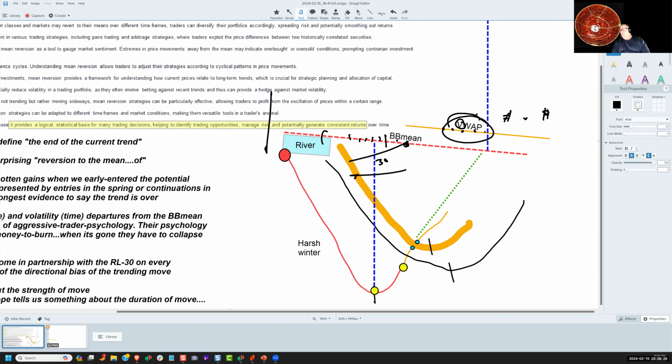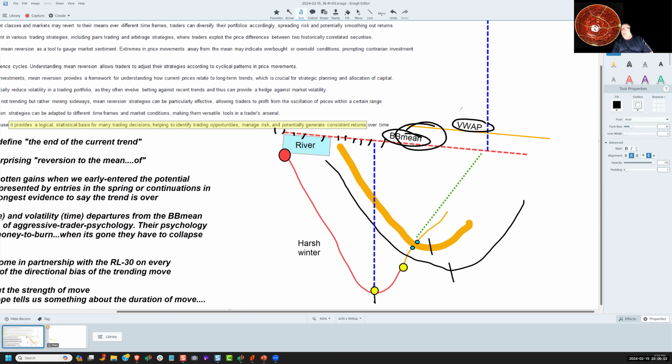The VWAP is what is used by institutional traders in their mark to market when they're looking to see if I gave you price improvement or not. So the VWAP acts like a very specific magnet that is geared directly to volume and price all day. Whereas the Bollinger Band mean is an approximation of fair value, but only based on the last 30 bars. It's not unusual to see them very close to each other.